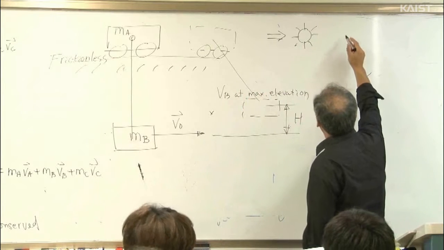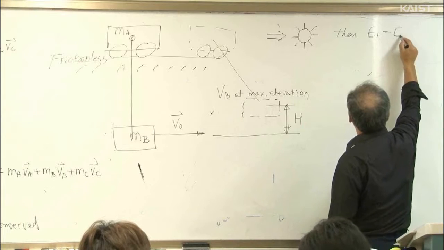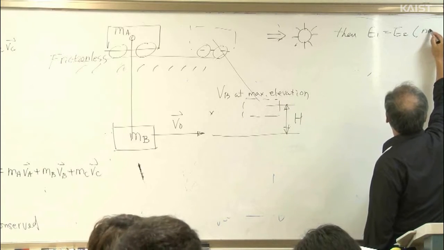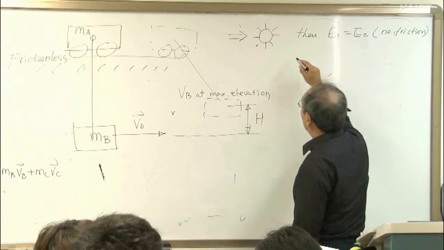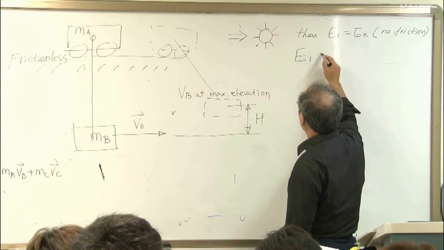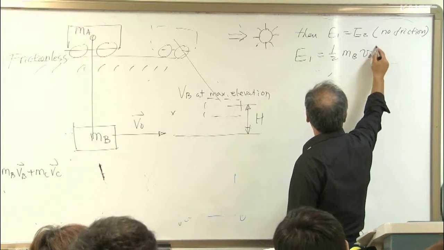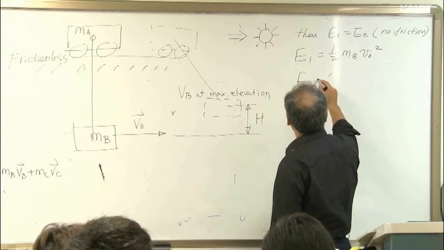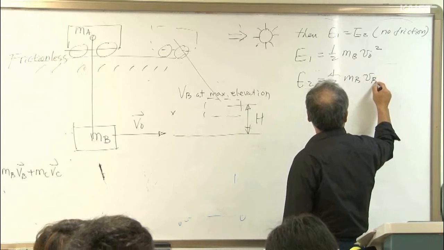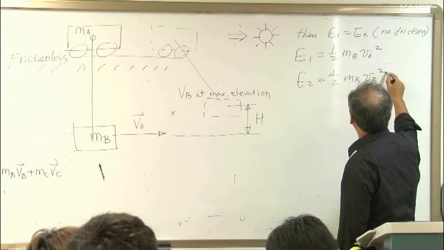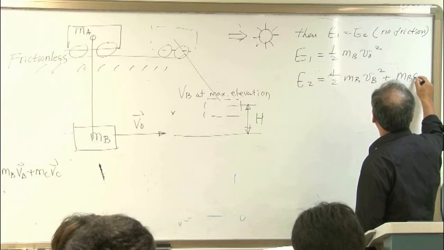Then the energy is conserved because no friction. Therefore, at state 1, the energy is 1/2 mb v0 square. At state 2 is 1/2 mb vv square plus mb gh.